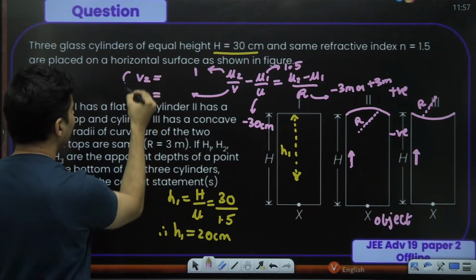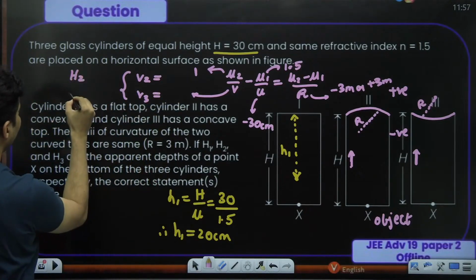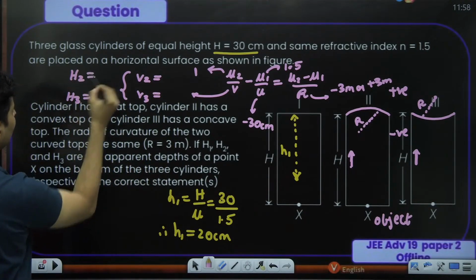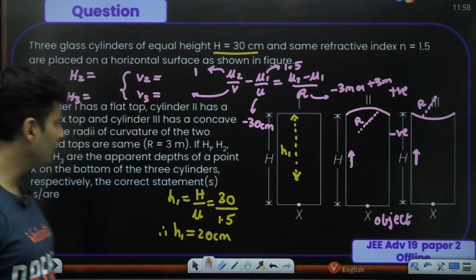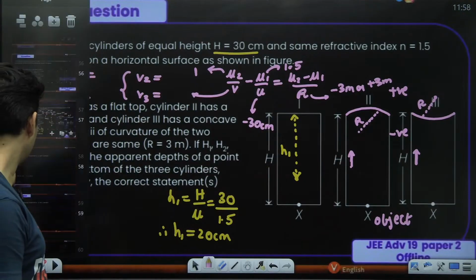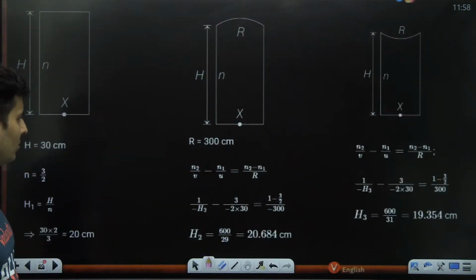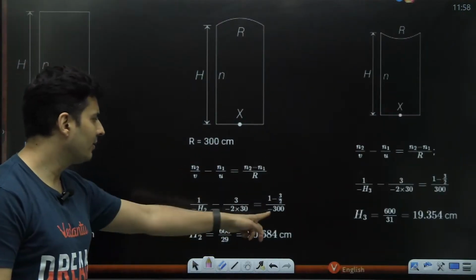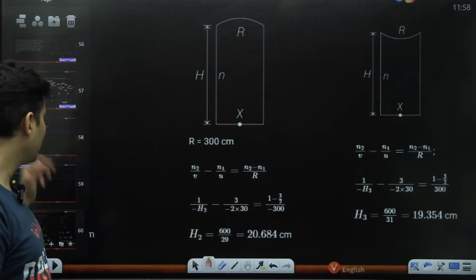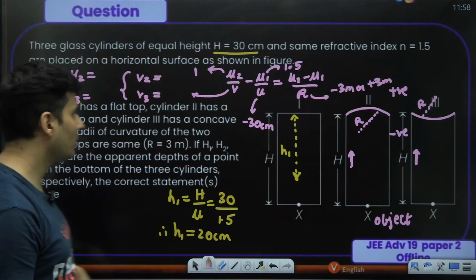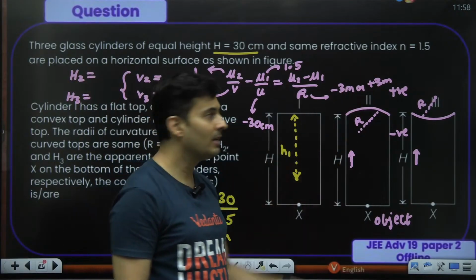This V2 and V3 will give you height 2 and height 3. Understood? Just use the curved surface refraction formula. That's all. I think I would have kept some solution over here. Yes, same thing. First time it is 300, next time it is minus 300. Remember that is in meters, so make sure you convert that meters into centimeters.